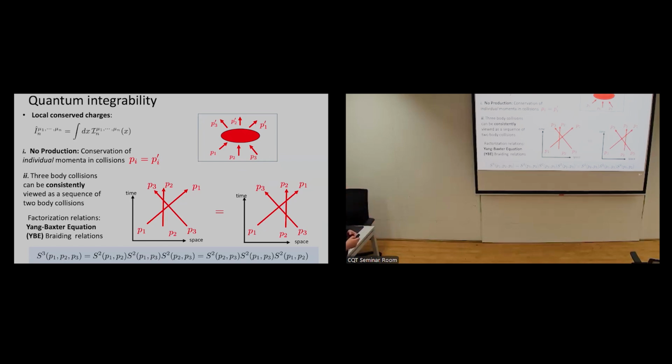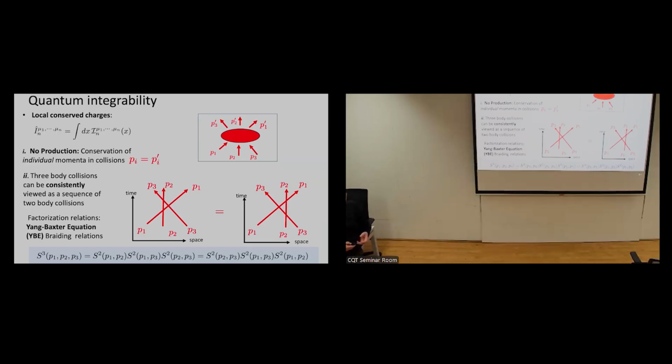So quantum integrability, the starting point is slightly different. Okay, so we start with the conservation laws. We have, again, an infinite number of local conservation laws, and I will show now that the existence of these conservation laws has major implications. One of them is that there is no production. Namely, if you scatter any number of particles in, the same number of particles will come out with the same momentum.